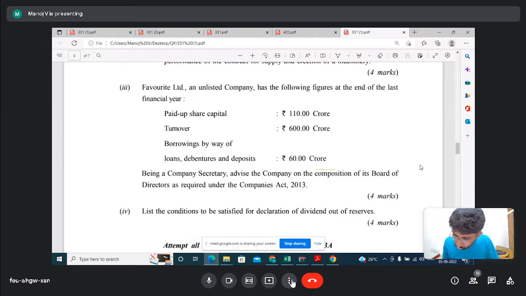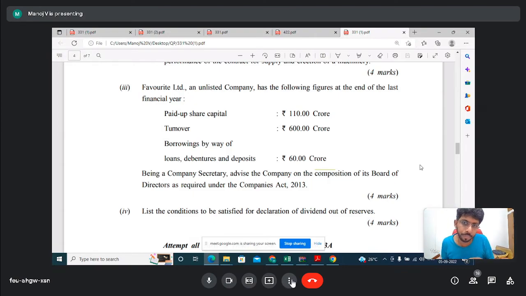Yes, paid up capital of 10 crore or more, turnover 100 crore or more. Page number 701. So at least 2 directors. Yes. So out of 3, at least 2 independent directors. Do you agree till here?